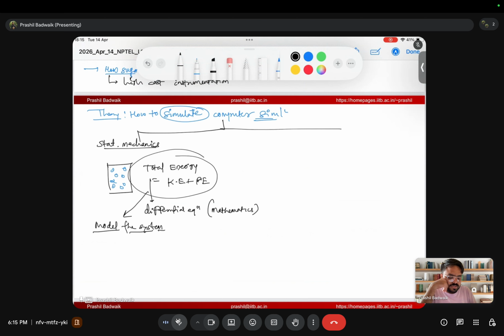Once you model the system, you will get some equation, and that equation we solve using a numerical method, right?